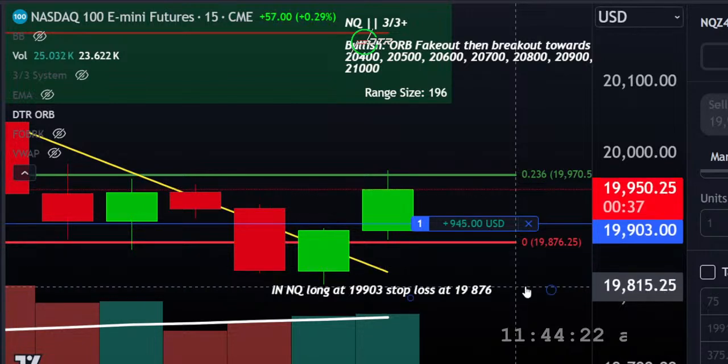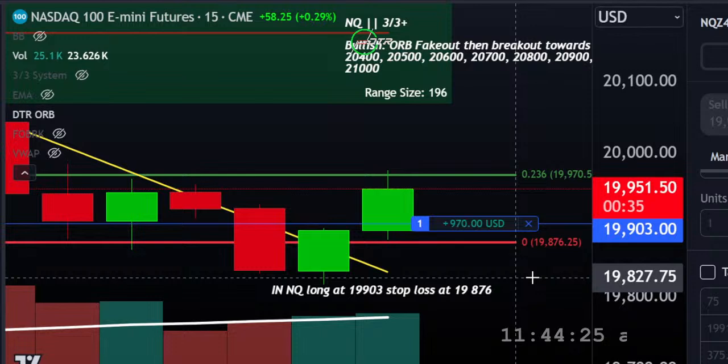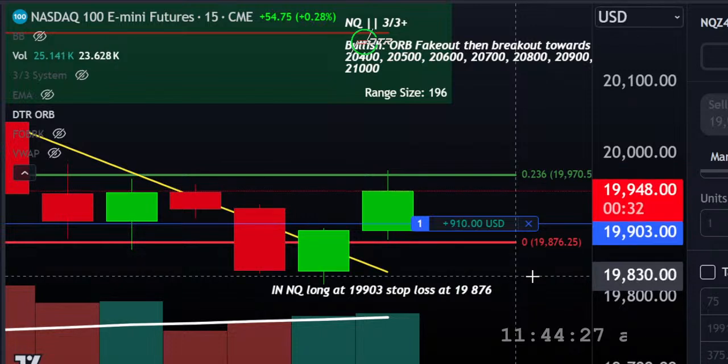Well, target's high of day on these plays. That's always the scenario. Let's see if this thing can hold 50.